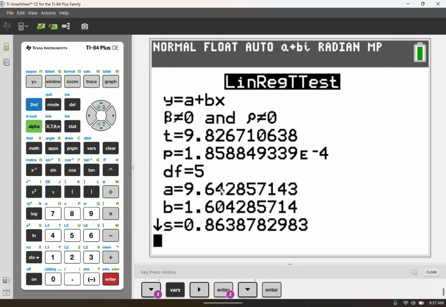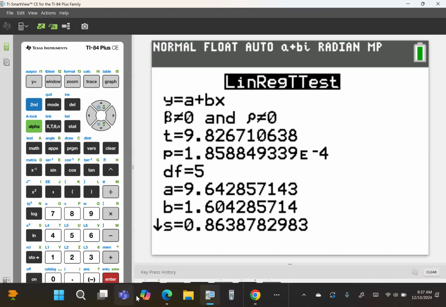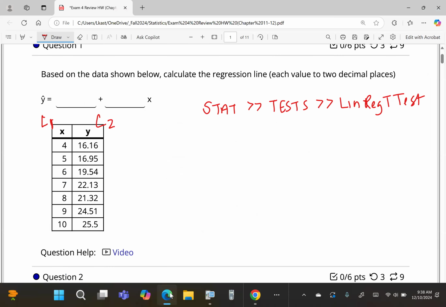So our equation is 9.64 plus 1.60x. So let's go back and type that in. There we go. Okay, so we got 9.64 as our y-intercept, and our slope is 1.60. And it does tell me to 2 decimal places.